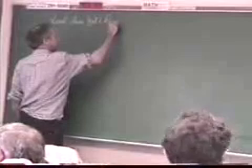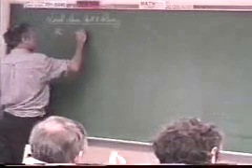So let's look at the local situation first. Local class field theory. Precisely, I will start with the local field K, which is not Archimedean.